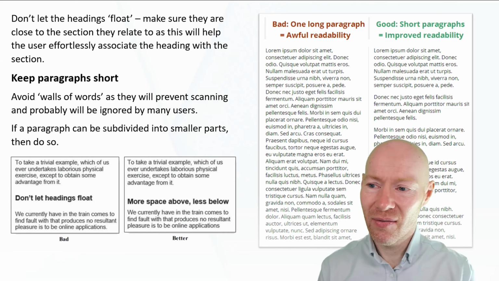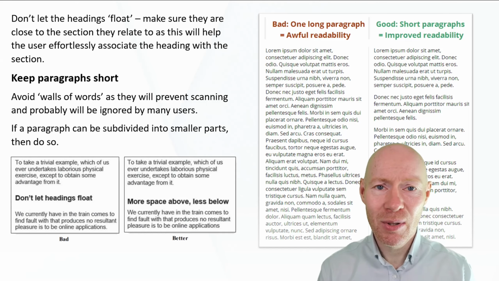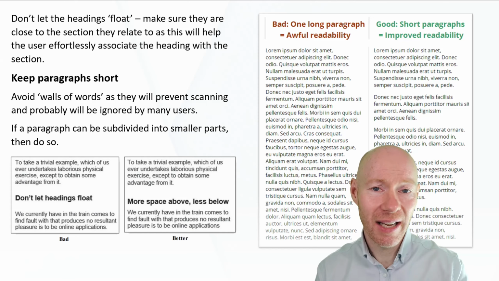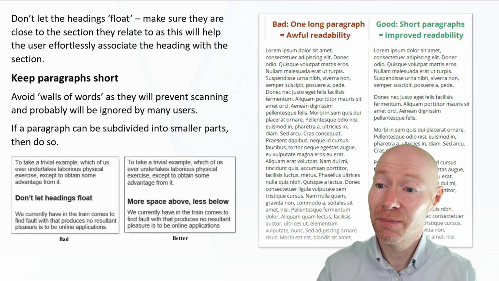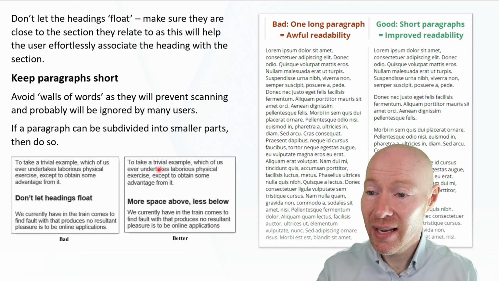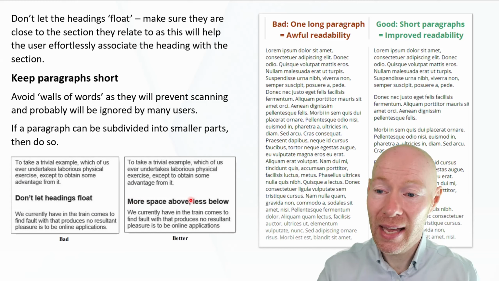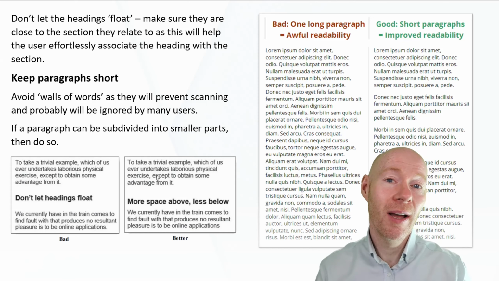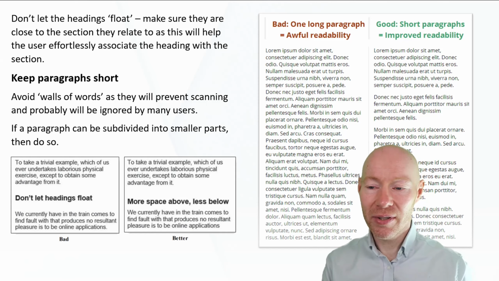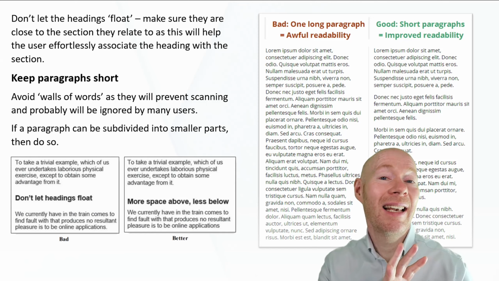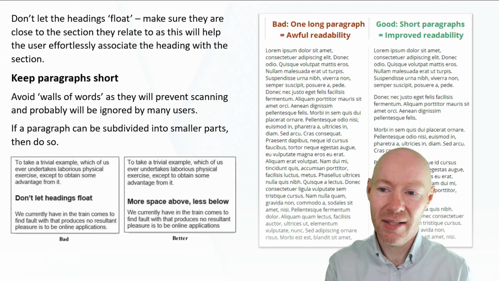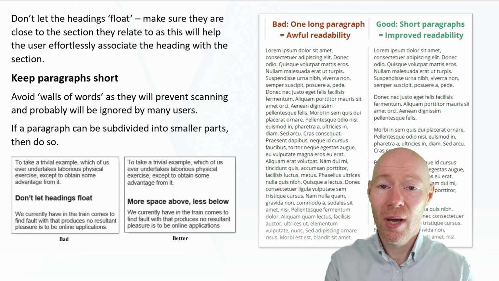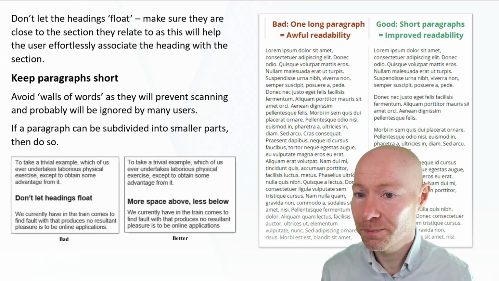So if we're looking at this visually, that heading seems to float. It doesn't seem to be closely or clearly attached to the text. The example on the right hand side is one where the heading is closer to the piece of text underneath than it is to the one above. So looking at that visually, we'll see it's closer to it, so we will link it to it. We'll think, yes, that's a heading that refers to the text underneath.